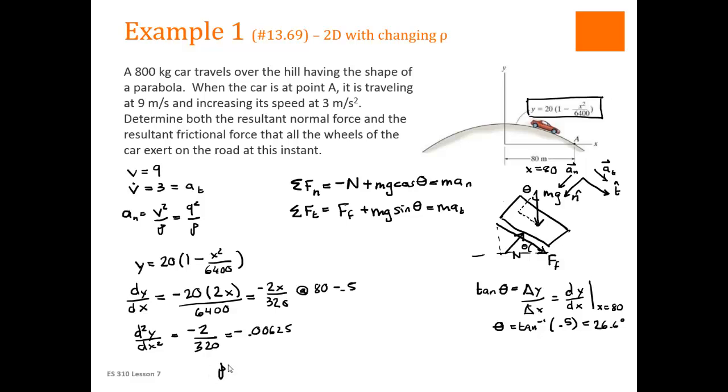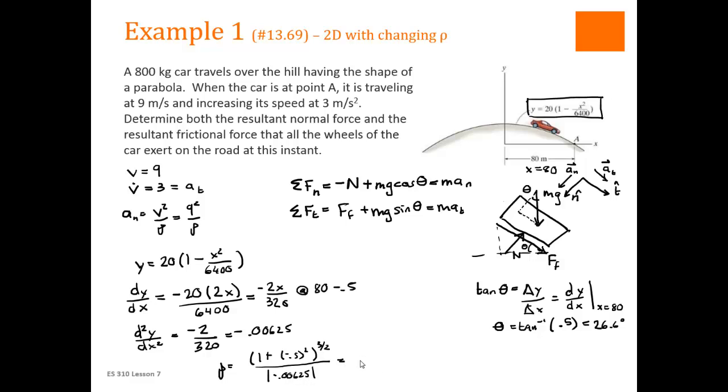Right, because rho is equal to 1 plus the first derivative, which is negative 0.5, squared, to the 3/2, divided by the magnitude of the second derivative, 0.0625.